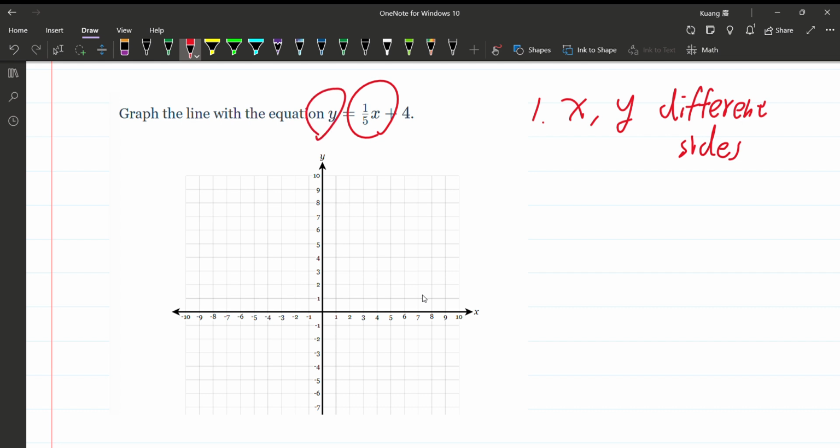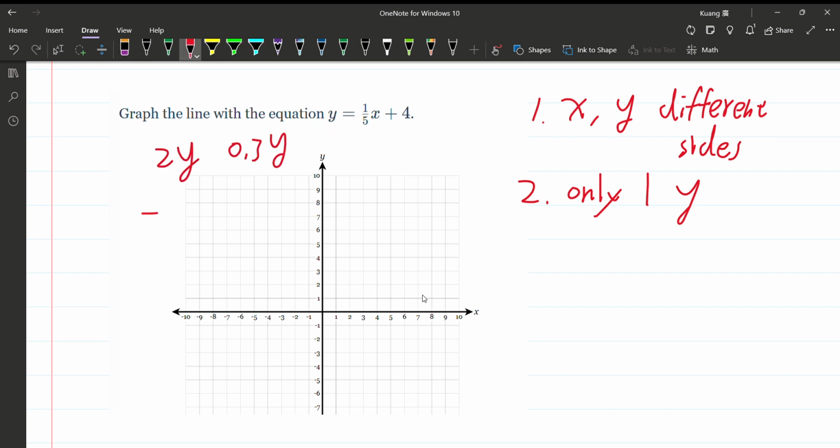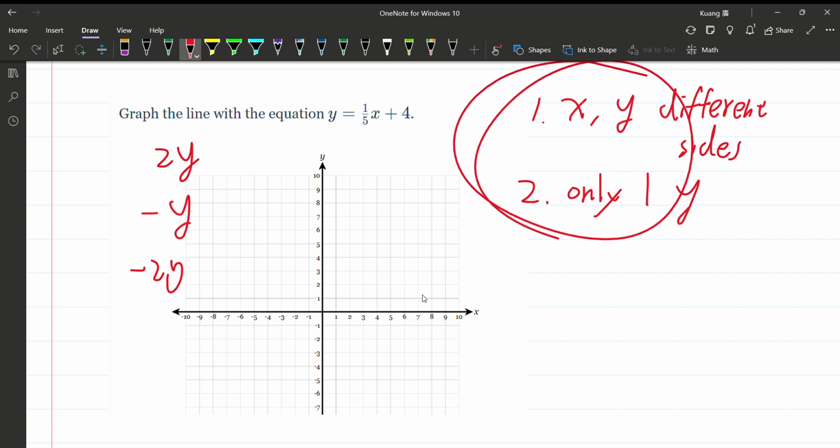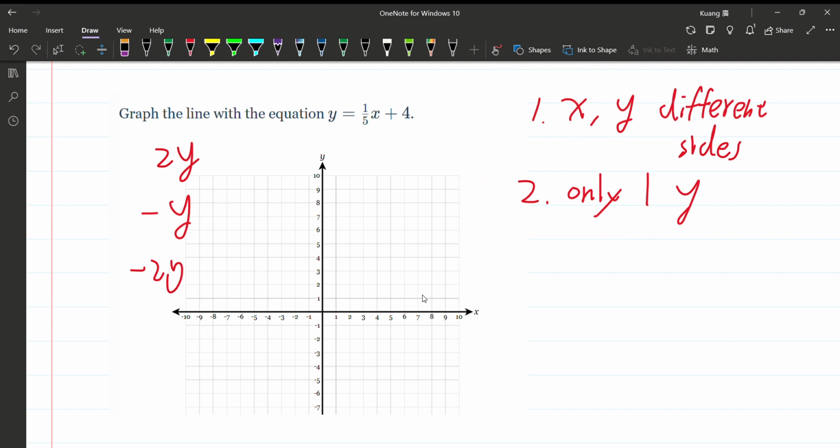So first, this is standard form. Second, only one y. Okay, this is one y, not two y, not 0.3y, not negative y, it's only y. If it satisfies these two, then it is in standard form.